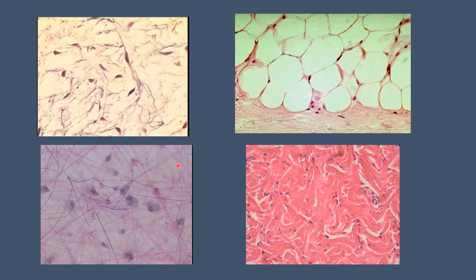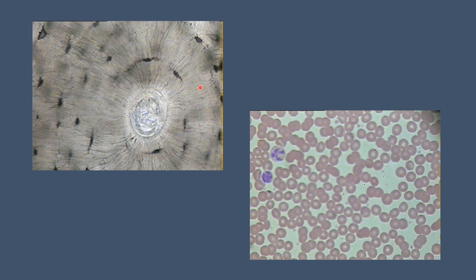What's that material that's between the cells? What does that look like? For some cells, it's just mostly the cell. In this case, this is adipose, which is fat cells. And then over here, very distinctive, this is your bone. You have cells here, and then blood down here in this picture.